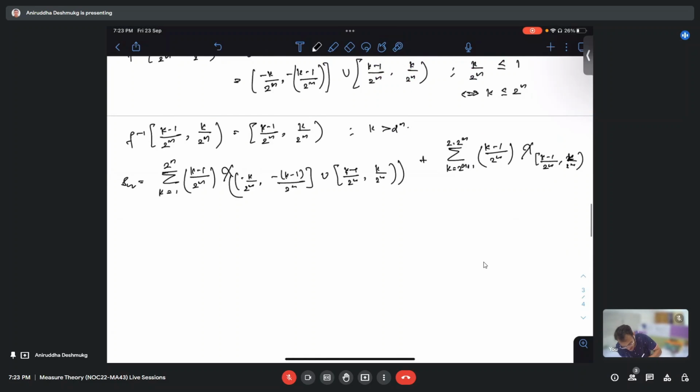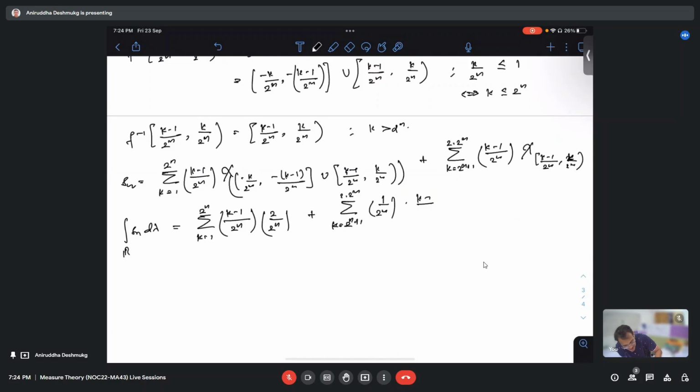And therefore the integral of Sn with respect to the length function over R is equal to the sum over k from 1 to 2^n of (k-1)/2^n times the length of this set. So it is 2 by 2^n as we discussed before, plus the sum over k from 2^n+1 to 2·2^n of the length of this interval, which is 1 by 2^n, into (k-1)/2^n.